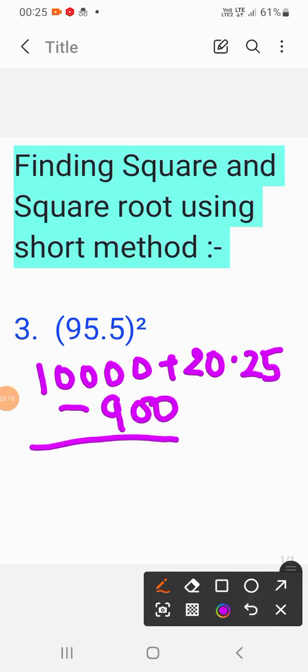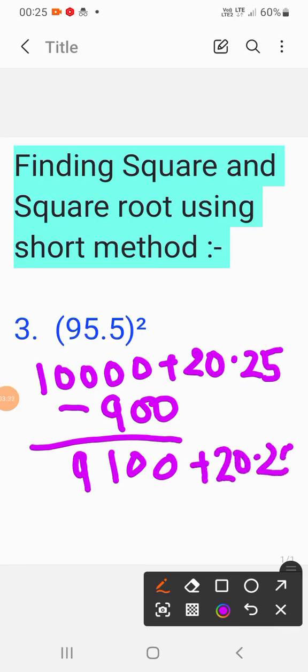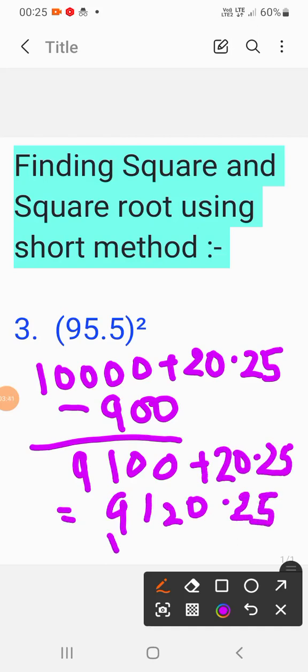Now after solving this, we will get 9100 plus 20.25. So 9120.25 would be the square of 95.5.